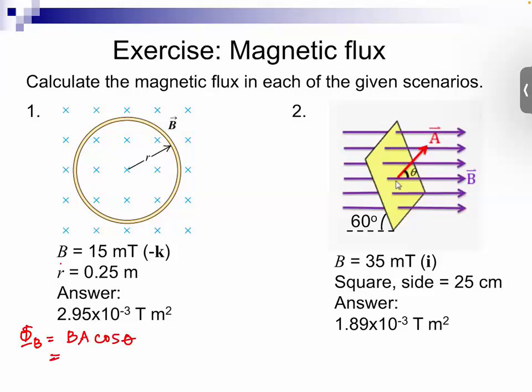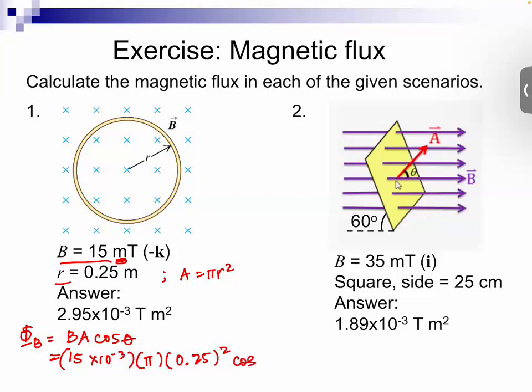The magnetic field is given as 15 milli-tesla, 15 times 10 to the minus 3 tesla. A is the area of the surface. Your surface is circular with a given radius. The area is pi r squared for a circle. So that will be pi times 0.25 squared.